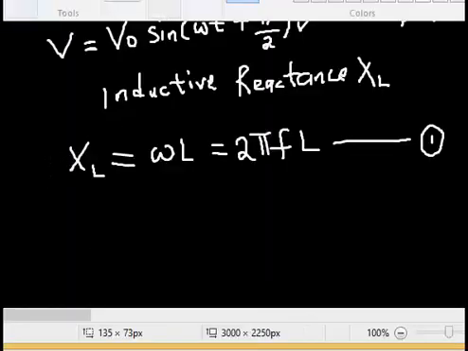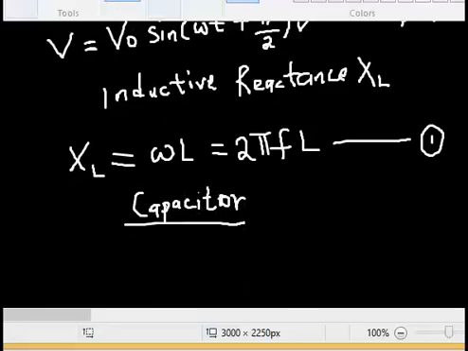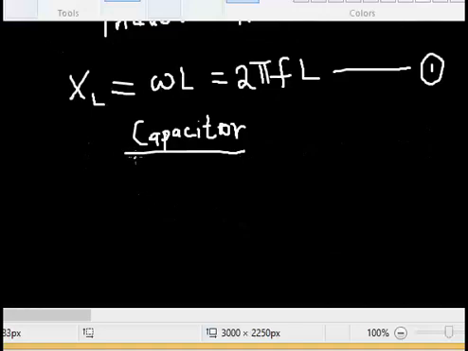If I write the equation for when you have a capacitor connected to an AC source, you discover that the current is the one that is leading.